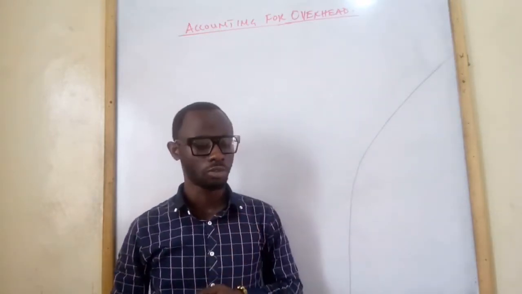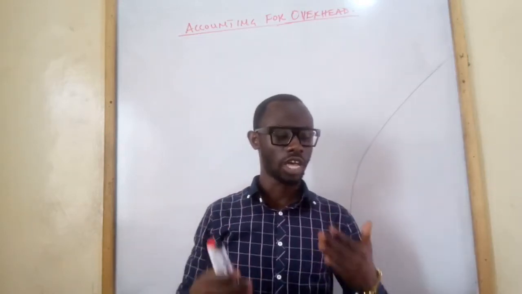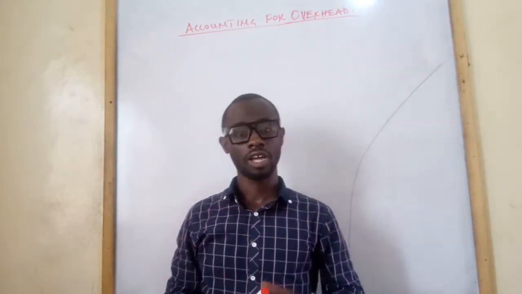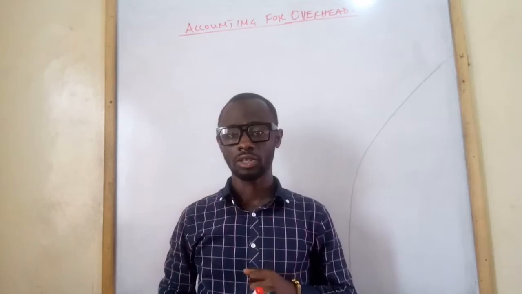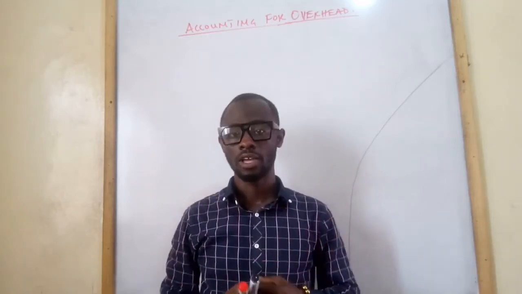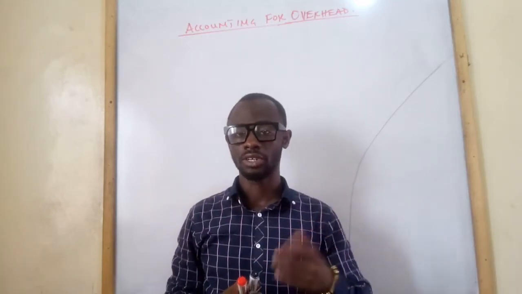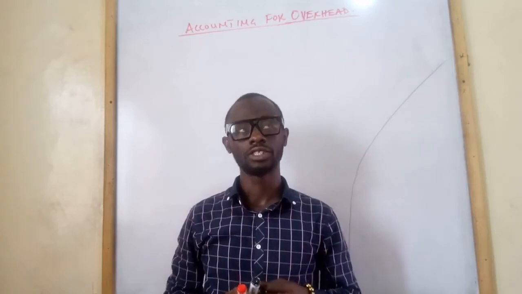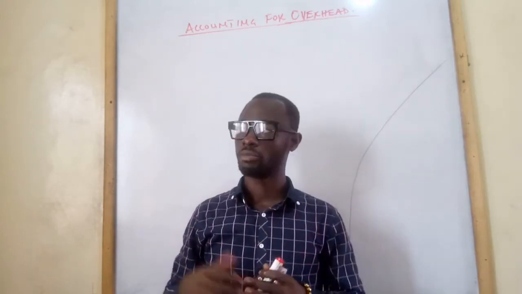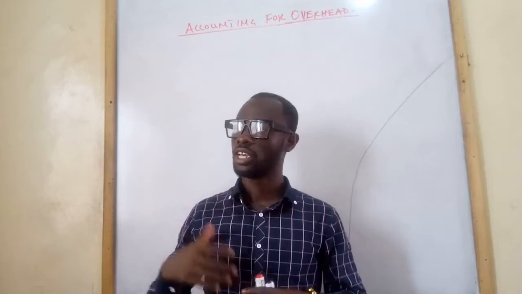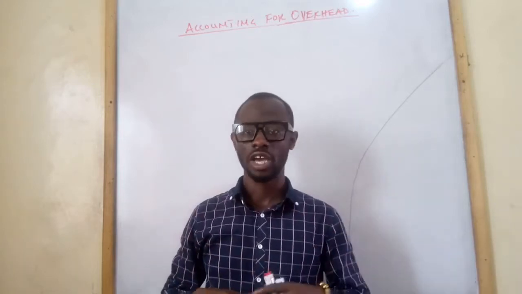So the objective of this module is that at the end of the day, you should be able to explain the various types of overheads. I've already explained the various types of overheads to you. That is talking about indirect material, indirect labor, indirect expenses, talking about production overheads, administration overheads, finance overheads, selling overheads, distribution overheads.